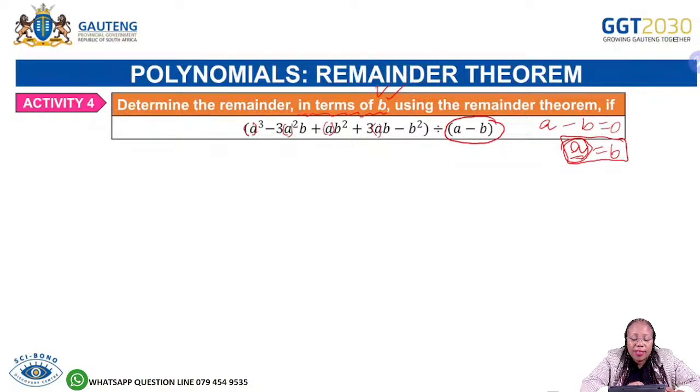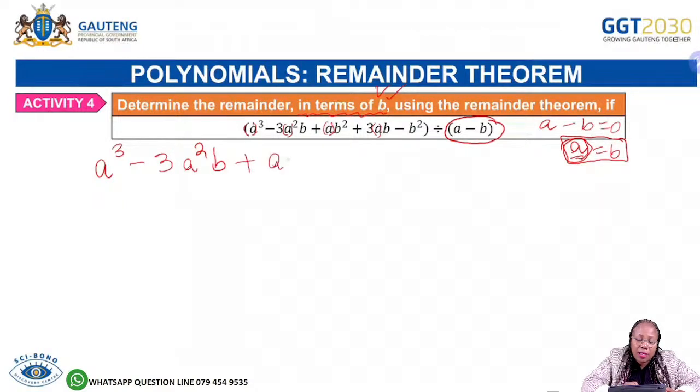And then now let's take the expression. It's a cubed minus 3a squared b plus a b squared plus 3a b minus b squared. All my a's, I am circling them so that I can substitute b there.